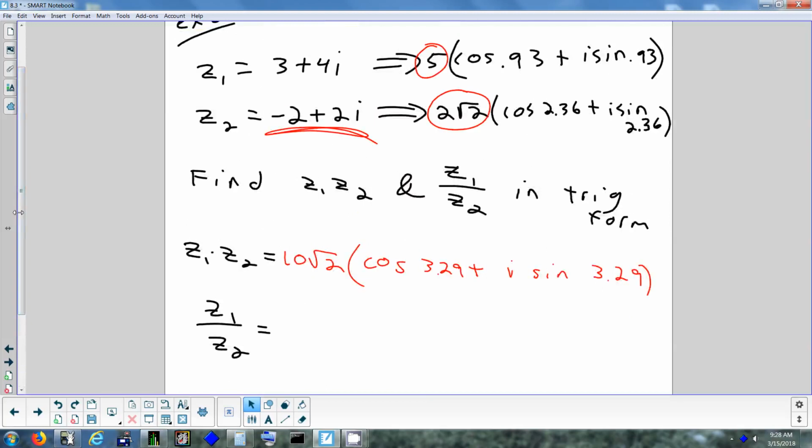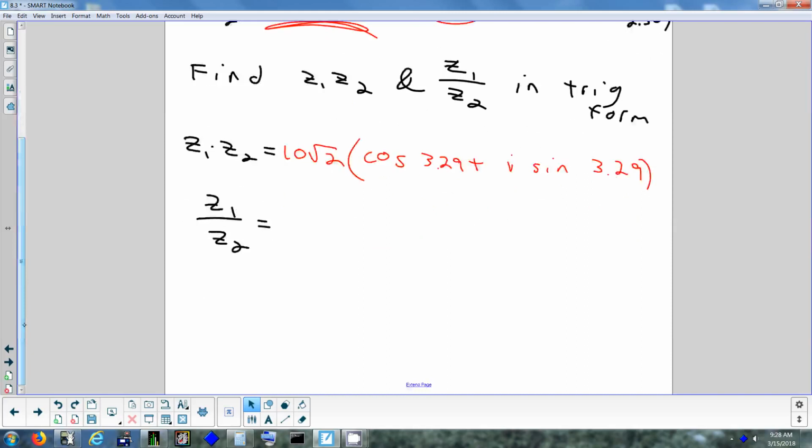Right, and we do R1 over R2, which I'm going to do off to the side. I'm not going to do it in the final answer spot yet. I get 5 divided by 2 root 2, which I then need to fix. And I get 5 root 2 over 4. So that's my radius.